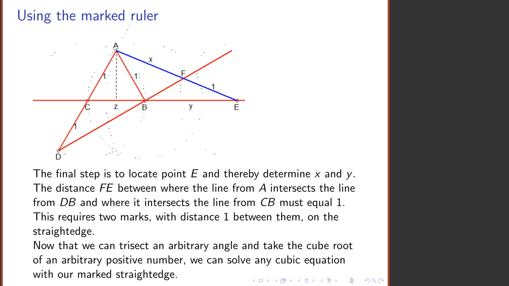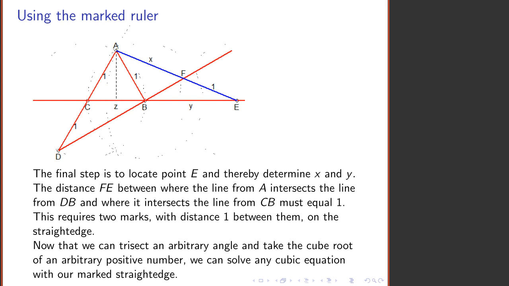Now this is very nice because it turns out that you can solve an arbitrary cubic equation if you can do two things. If you can trisect an arbitrary angle, and if you can take the cube root of an arbitrary real number. There are two cases that arise when you're solving a cubic equation.